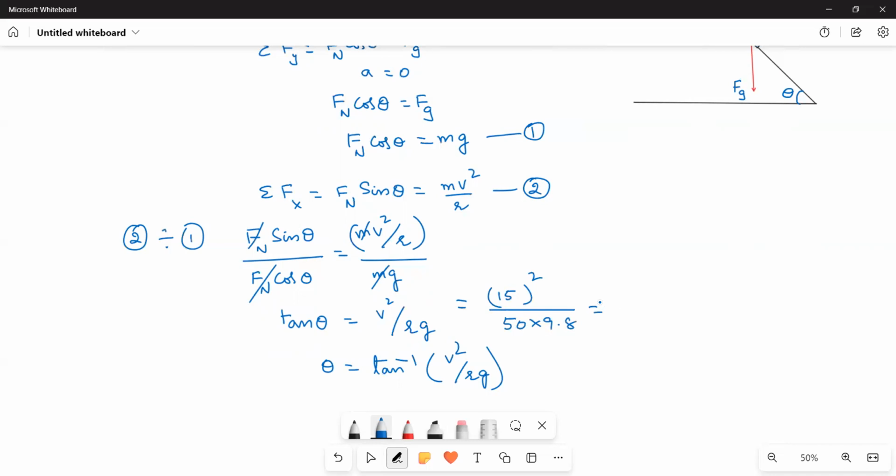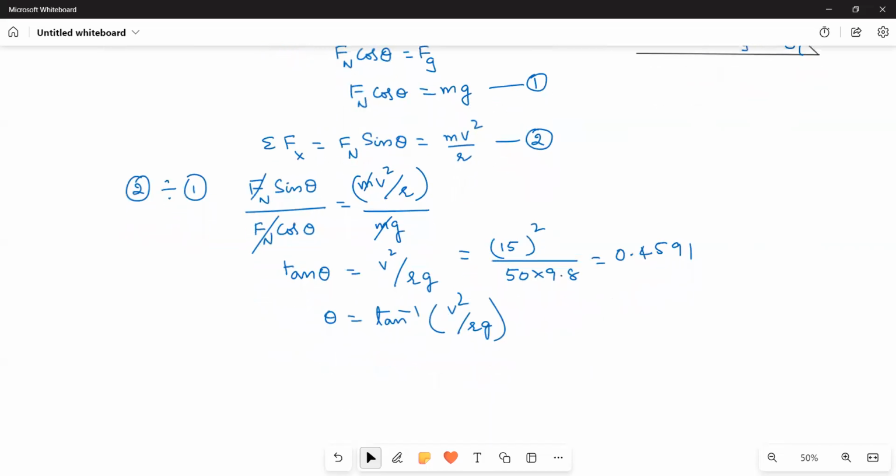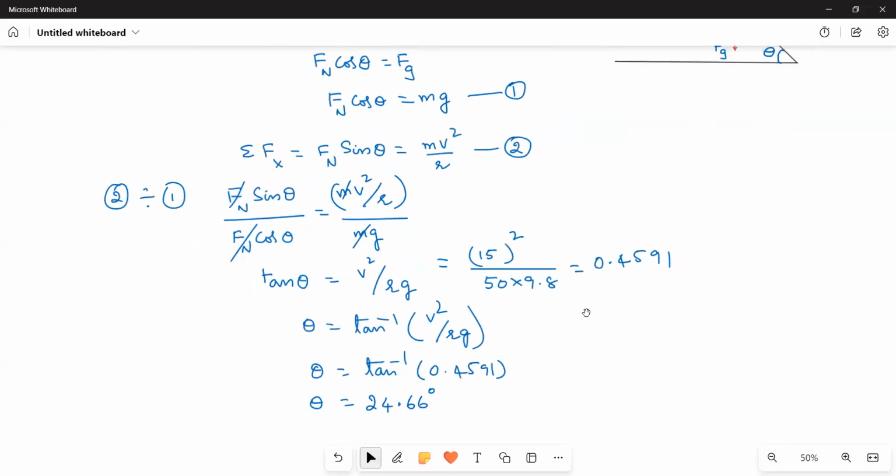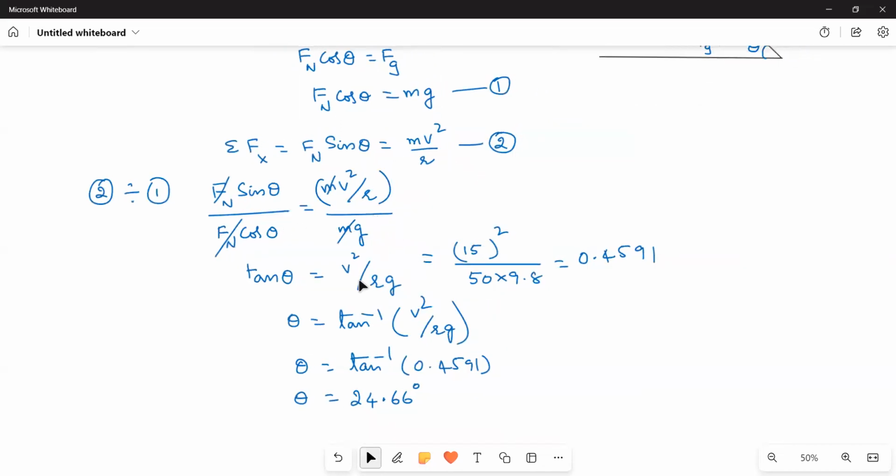This is equal to 0.4591. Therefore, theta is equal to tan inverse of 0.4591, that is equal to 24.66 degrees. If you see this equation, we eliminated the friction and also the mass of the vehicle.